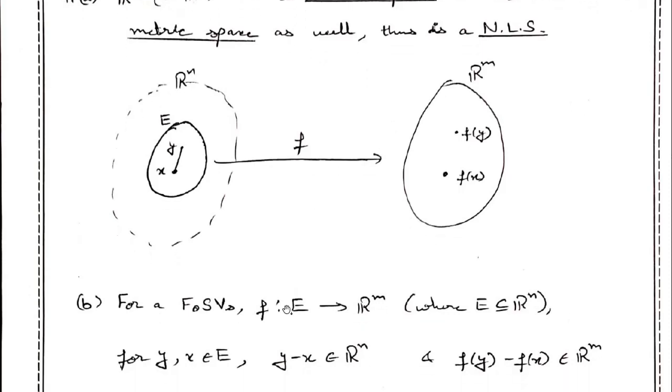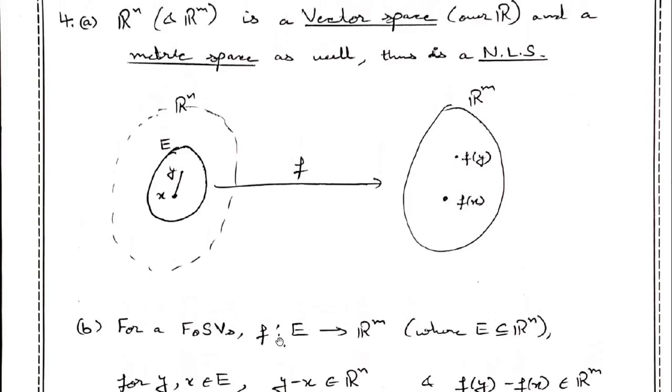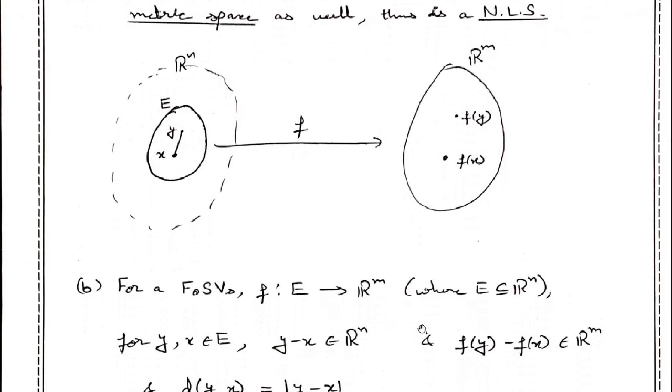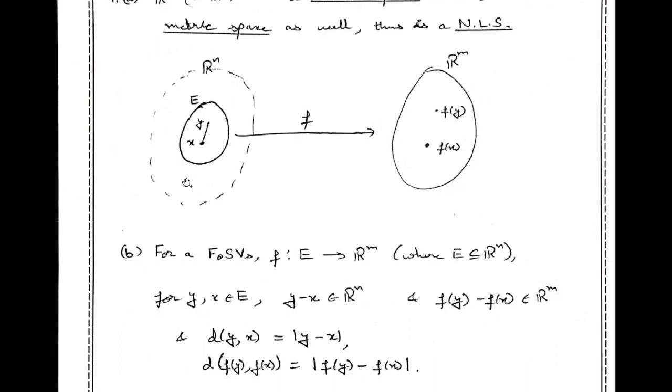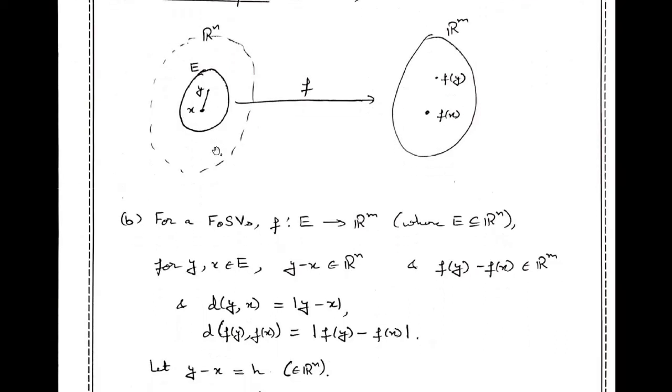Now we are discussing this function of several variables, which in the general sense is not particularly a linear transformation. We have some function of several variables from E, where E is a subset of Rn, to the codomain Rm. I will first discuss a few basic things, and then we will go to the definition when we are prepared for that. So let us see, for any given x belonging to the domain E and a corresponding neighborhood point y in E again.